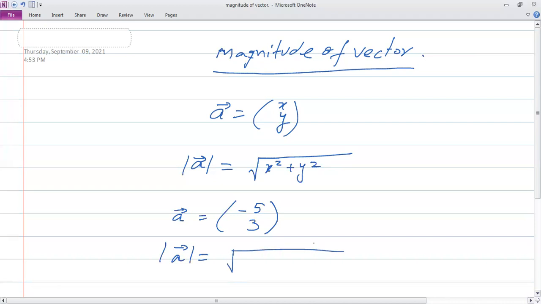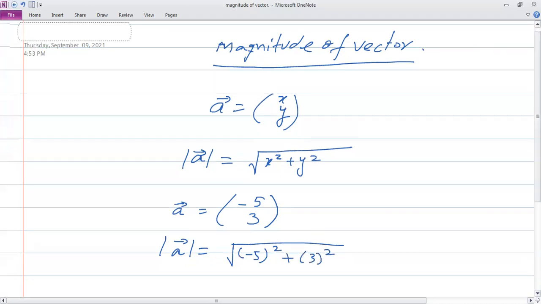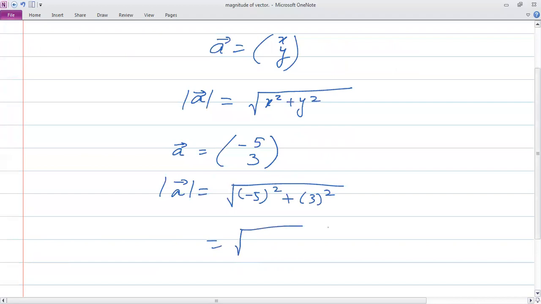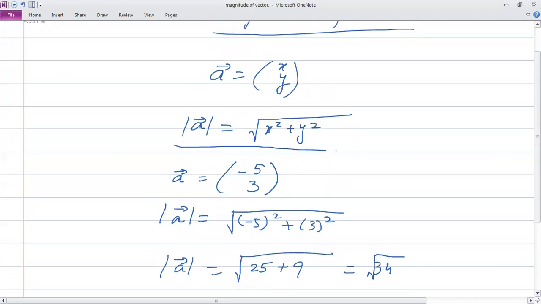It will be the square root of minus 5 square plus 3 square. Minus 5 square is 25, plus 3 square is 9. So this will become square root of 34. That is the magnitude of vector A. You can convert it into decimal also. So this is the formula for the magnitude of any vector, if you want to find the magnitude of the vector.